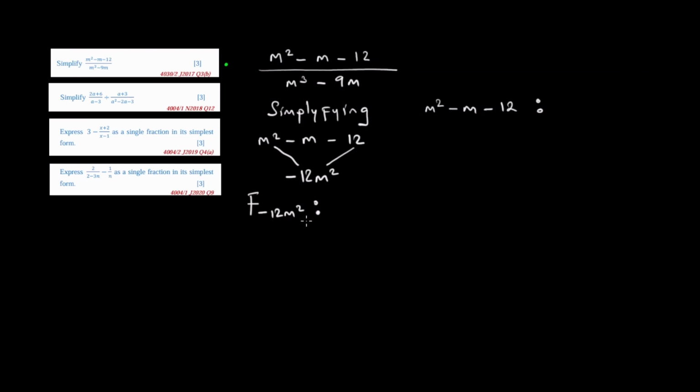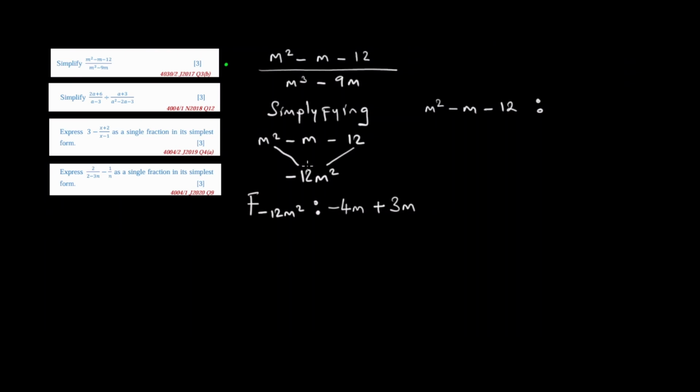Saka ma factors atichashanda nawo, tikatora 4m na 3m, tikaisa minus pana 4m toisa plus pana 3m. Minus 4m plus 3m ndiminus m, saka ta satisfy the first condition. Minus 4m times 3m ndiminus 12m squared, ta satisfy the second condition. So those are our factors.